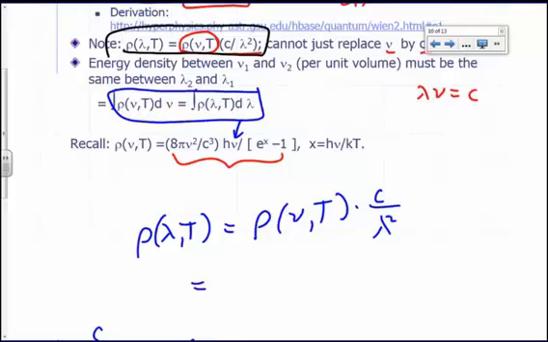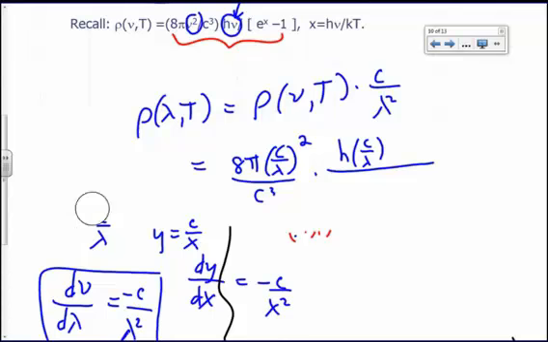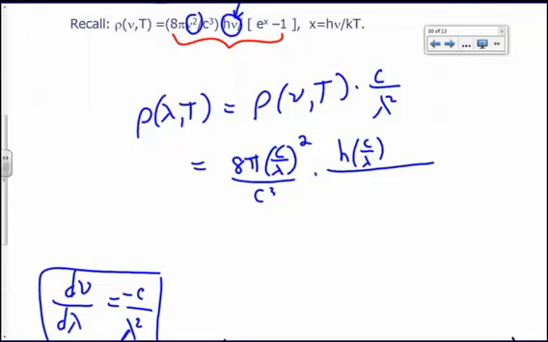So that's going to be equal to 8 pi, nu is c over lambda, over c cubed times h nu, and nu is c over lambda, divided by e to the x, which is h nu over kT, and nu is c over lambda, so hc over lambda kT, minus 1, times c over lambda squared.